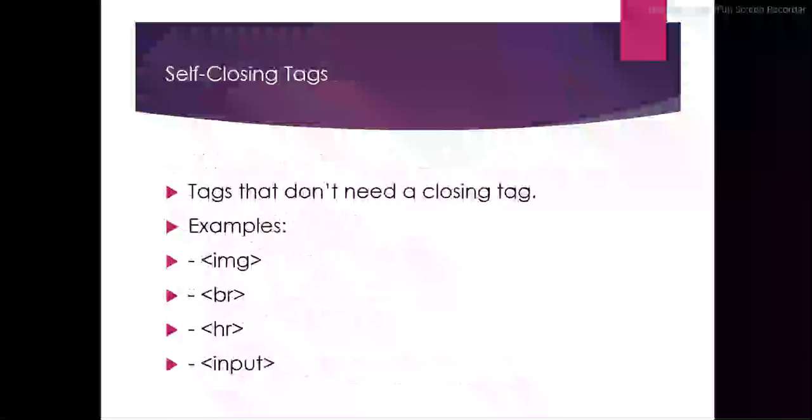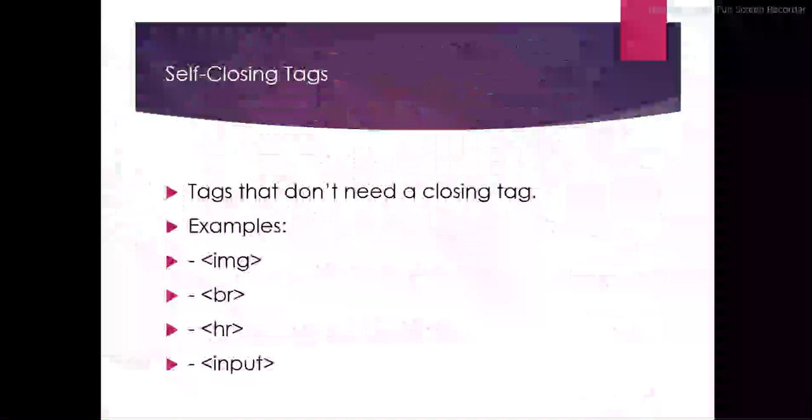And these are some of the tags which don't have closing tags, called self closing tags. In some of the tags which you have implemented, I think I have deleted the image tag. In the image tag, I didn't mention any closing tag. I just give the image source, the file name, and that will work.